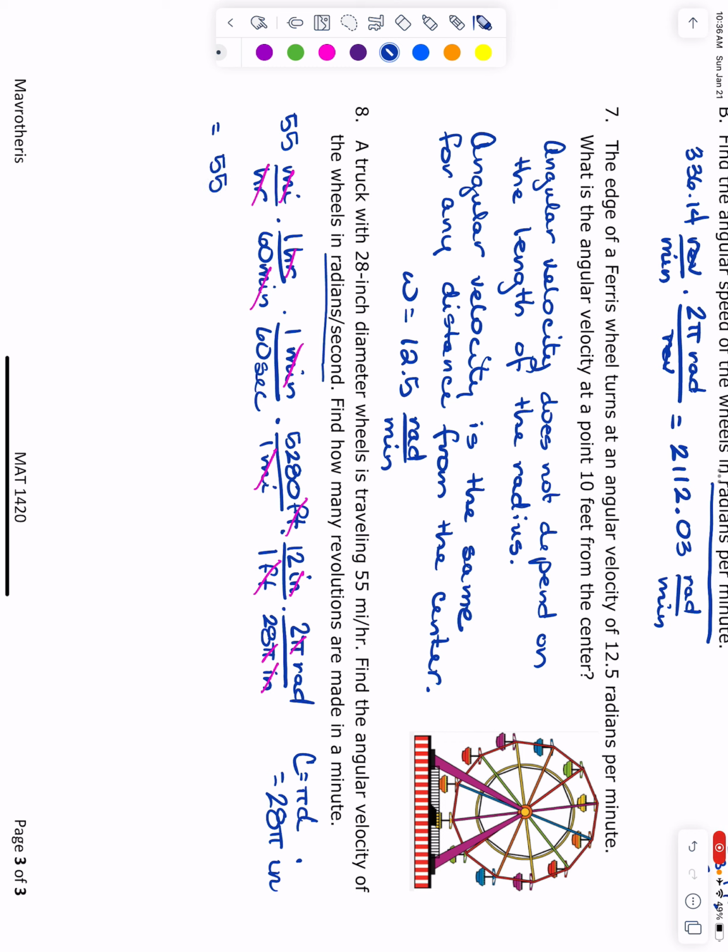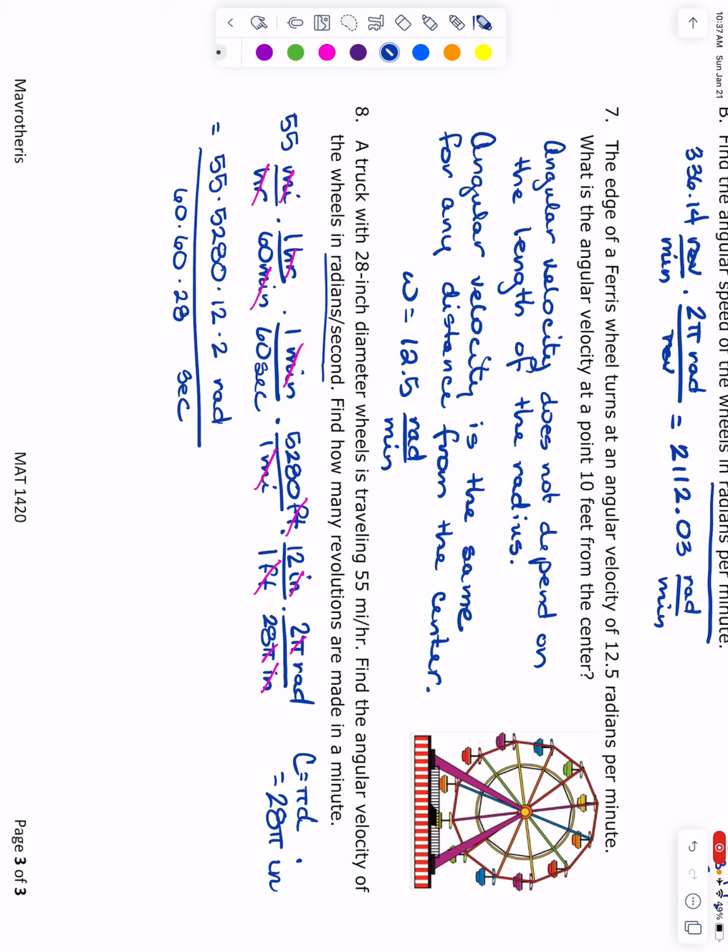I got 55 times 5,280 times 12 times 2. My label up here is radians. In the denominator, I have 60 times 60 times 28, and then seconds. Now, last time I multiplied everything in the numerator and multiplied everything in the denominator and divided.